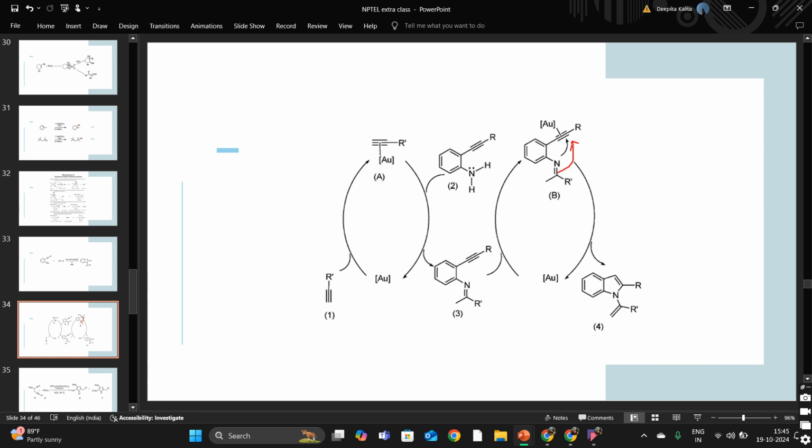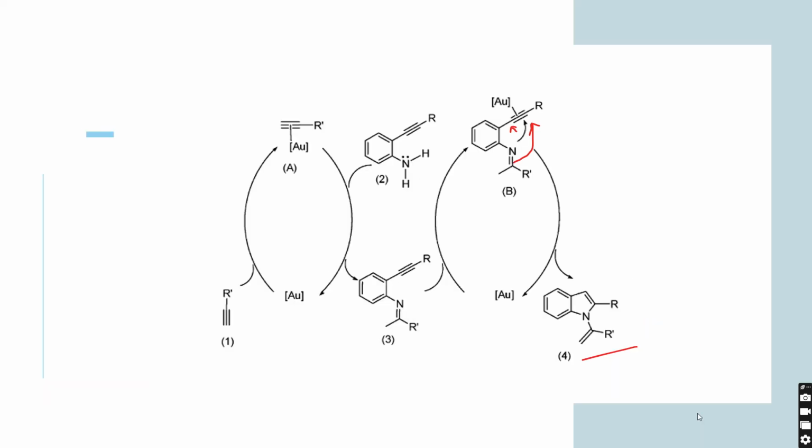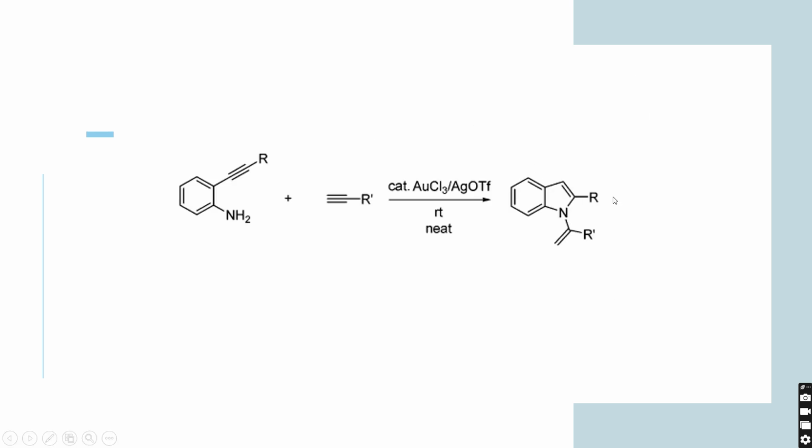It cannot attack at this position, otherwise we will get a highly sterically strained 4-membered ring. We get a 5-endo-dig cyclization, which is intramolecular cyclization by attack of the imine to the activated alkyne. So this is how we get this indole product, starting from the substituted aniline.